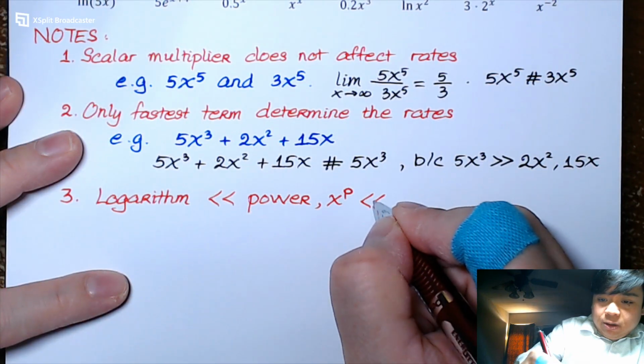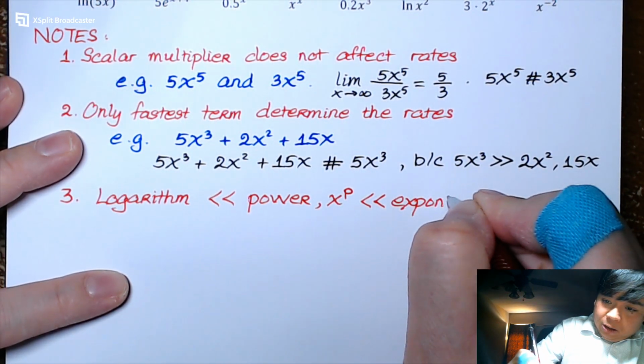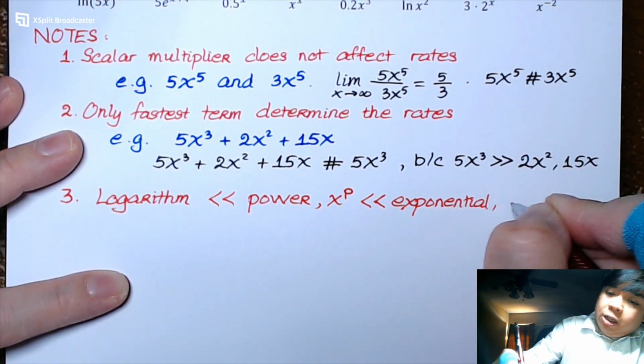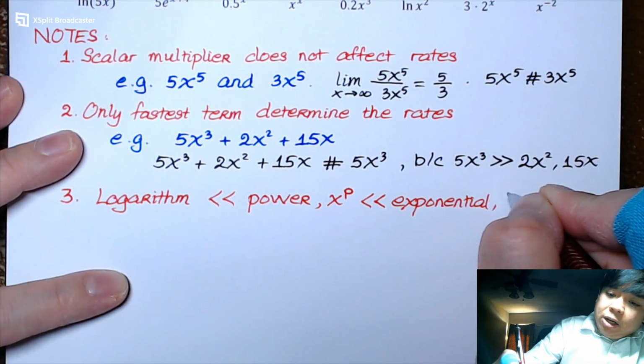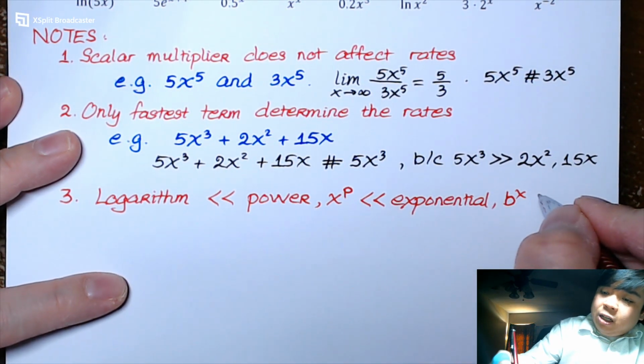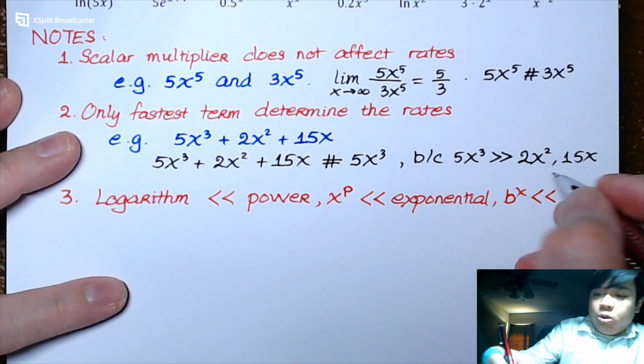That is slower than exponential, which is b to the x, and that is less than x to the x.